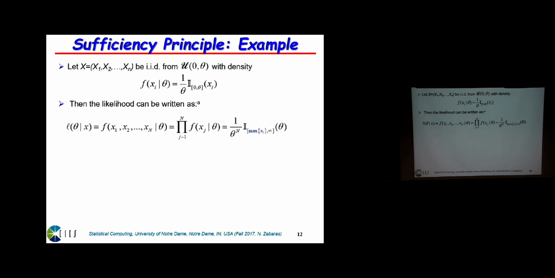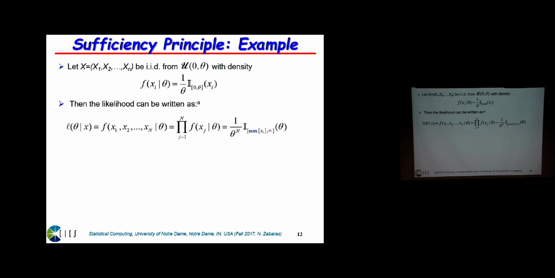So this is actually my likelihood, the way it looks like. This is the indicator function, right? So if xi is from 0 to theta, by the way, uniform distribution means 1 over theta, but obviously xi needs to be on the interval 0 to theta. Okay, so this is an indicator function that multiplies 1 over theta. And if I have n data points, I can write this as such.